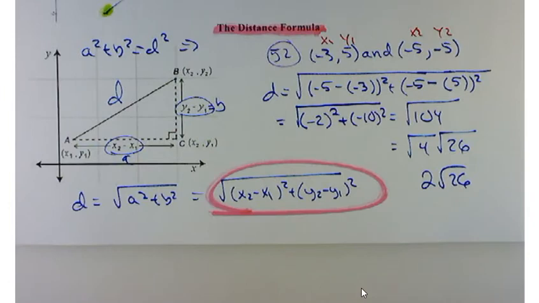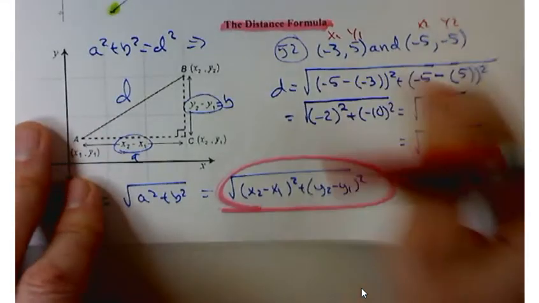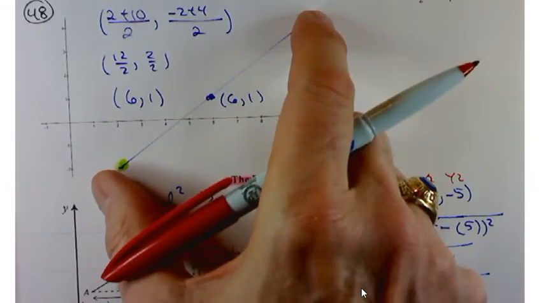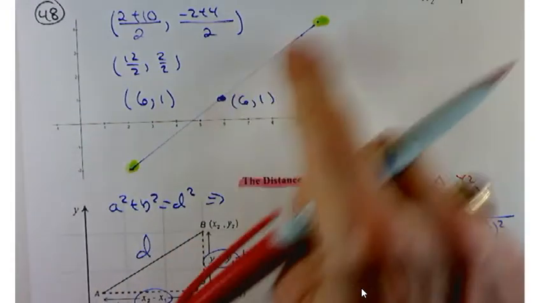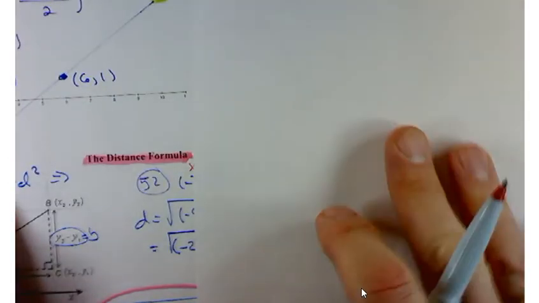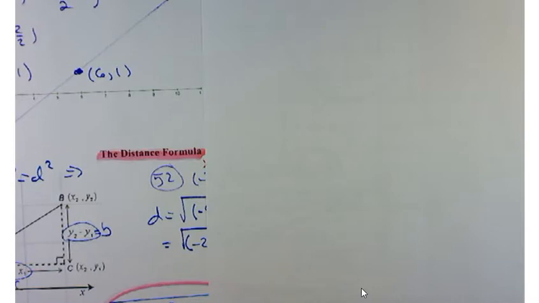Let's try another one. This time, we'll actually go back and do problem number 48. We'll see if we can find the distance. How far would you have to walk to go from this point to this point?